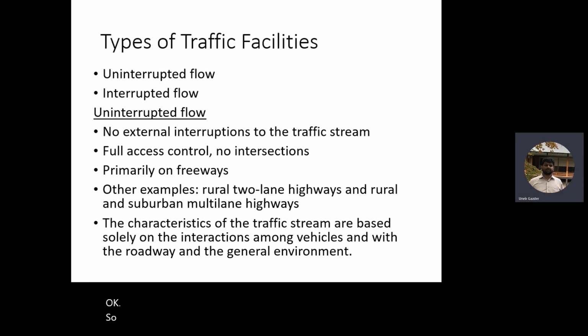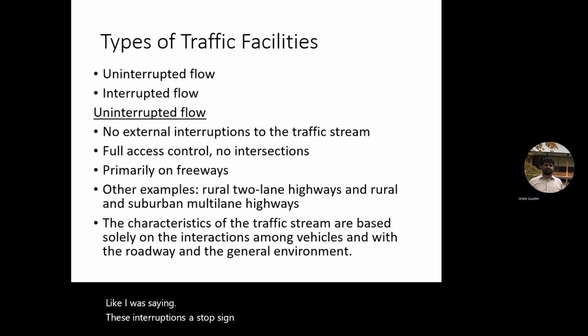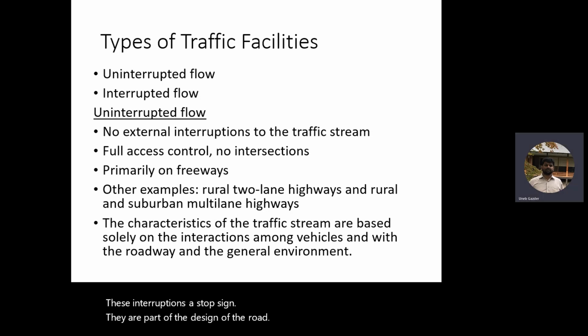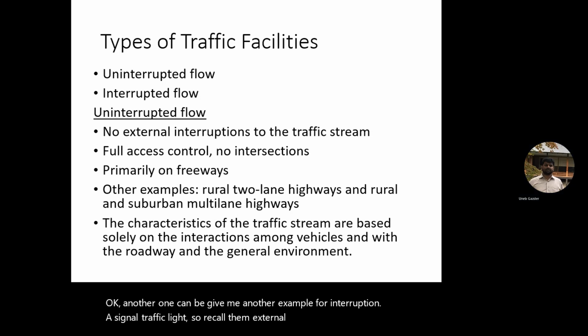So, like I was saying, these interruptions, like a stop sign, they are part of the design of the road. Okay. Another one can be, give me another example for interruption. A signal, traffic light. Okay. So we call them external interruption.